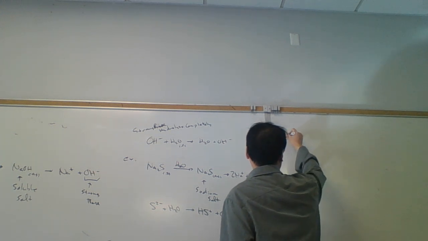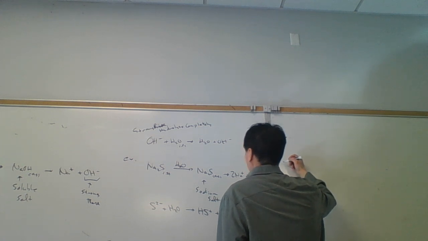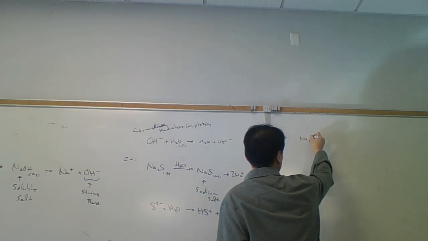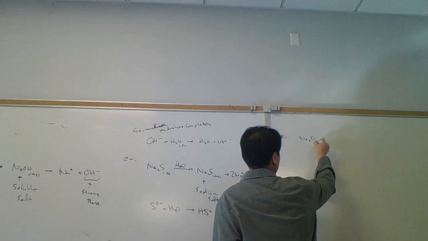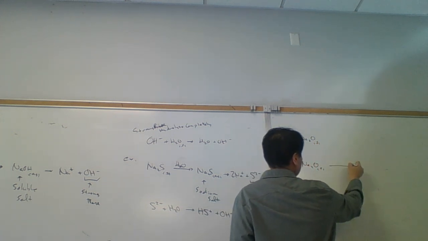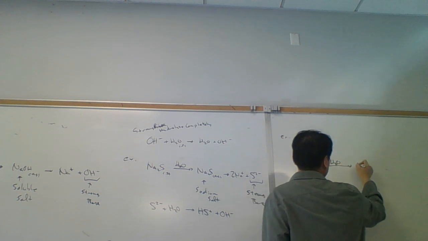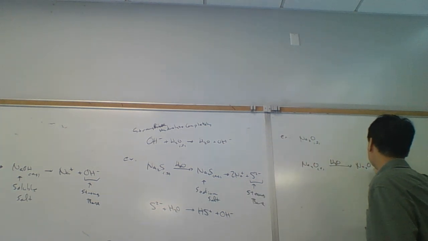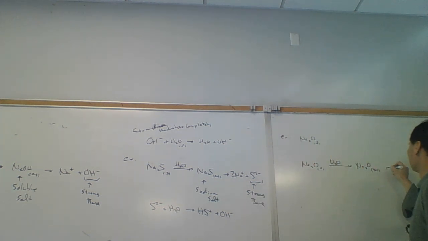Let's look at another strong base, sodium oxide, a solid. Sodium oxide dissolves in water, yes, forming sodium oxide, AQ. Sodium oxide AQ is a soluble salt, so that forms 2 sodium ions and an oxide ion. Oxide ion is our strong base, and strong bases hydrolyze water completely.